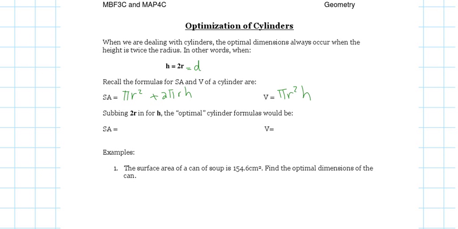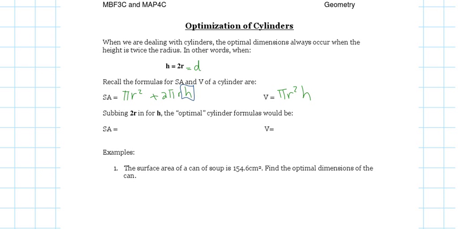Now, if we're going to think about the optimal surface area and volume, instead of having h, I can replace h with what it's supposed to equal, right? So h is equal to 2r. This is what gives me the maximum or the optimal value. So I'm going to replace that h with 2r.